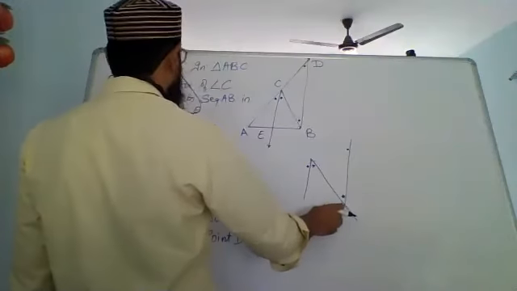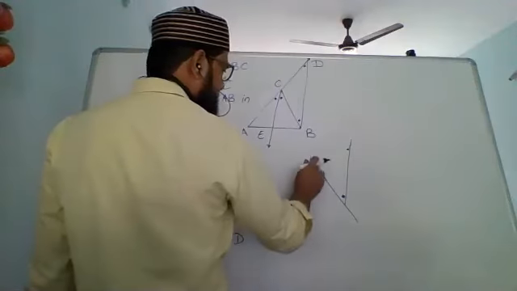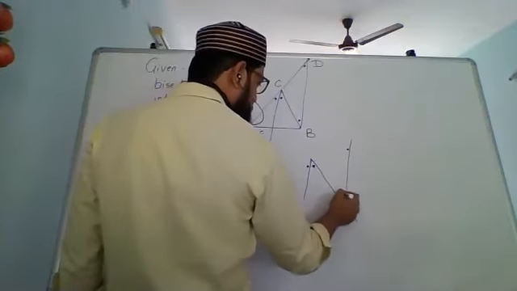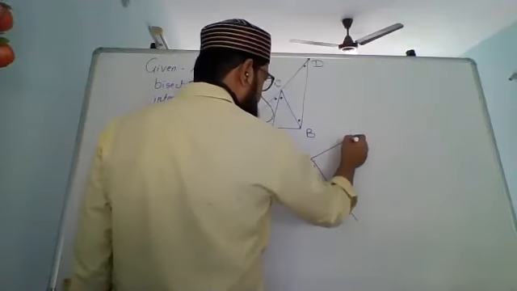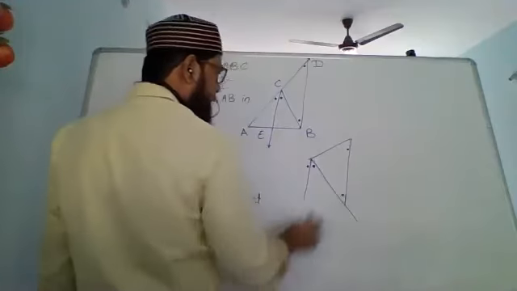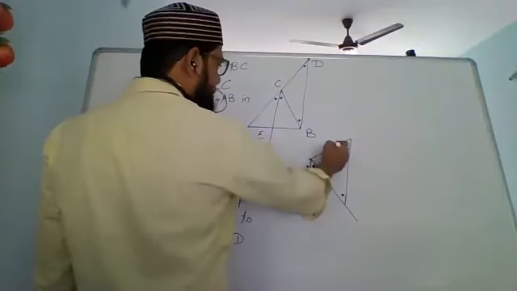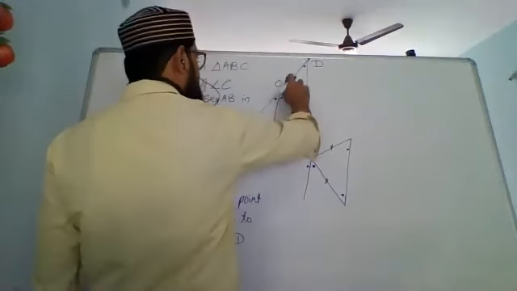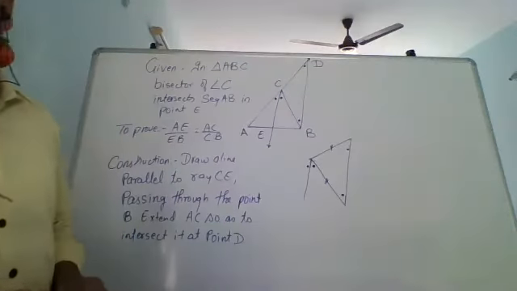But it is already given that these two angles are equal because this is a bisector. That means these two base angles are equal. Now, by converse of isosceles triangle theorem, this side is equal to this side. That means CD is equal to BC. That is what I'll prove.